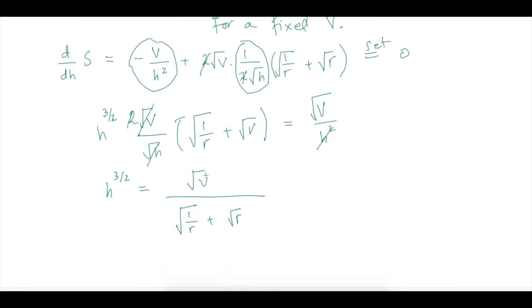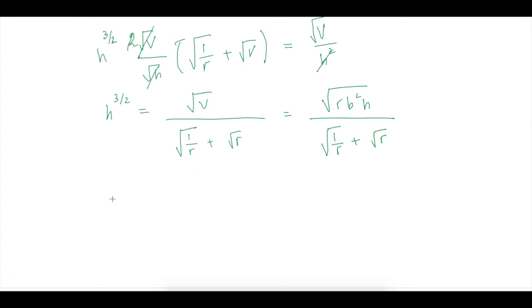Okay. And then I can plug in the value of V, which is equal to R B squared H. So H to the power of 3 over 2 is equal to root R times root H times B over 1 over root R plus root R. Now this goes and this goes, because this is half and this is 3 over 2, so this becomes just 1.